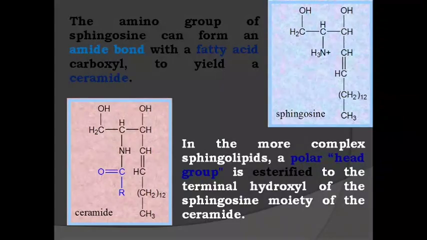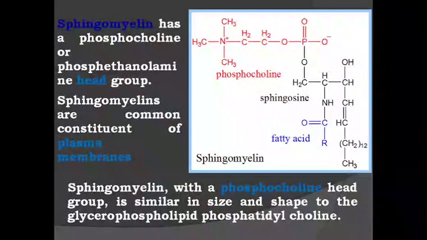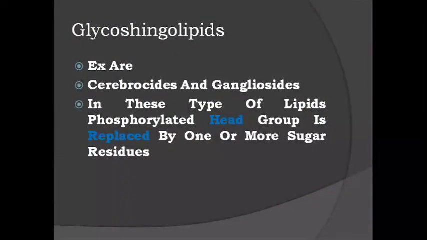Amide bond is found in ceramide. This is the sphingomyelin structure. In the case of cerebrosides and gangliosides, one or more sugar residues are found in the place of phosphorylated head groups.